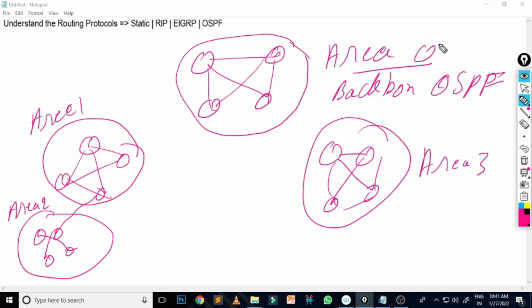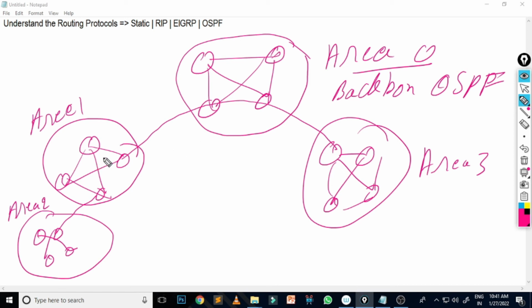Other than area 0, all the other areas configured in OSPF are considered normal areas, regular areas. So if you want regular areas to communicate with each other, your data should always be redirected by the backbone area.